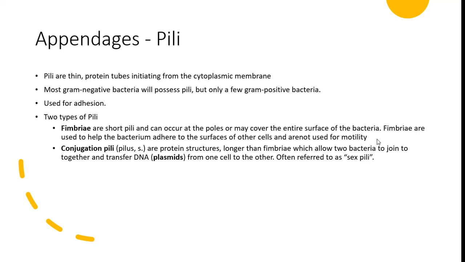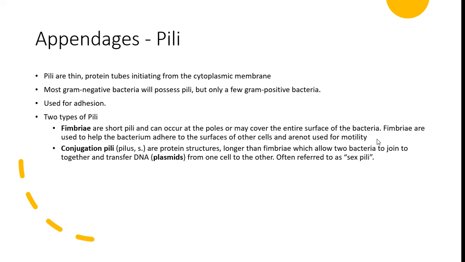They are used for adhesion, to attach the cell. In the case of the fimbriae, these are short little pili found across the entire cell. They are used to help adhere a bacterium to surfaces and to other bacteria. Think of them, if you will, like Velcro.